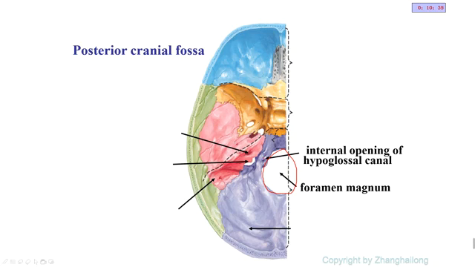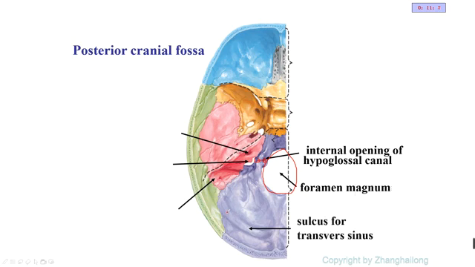And on the medial surface here, there is an internal opening of the hypoglossal canal. The hypoglossal nerve goes out from here. This one is the internal opening. Then there is a canal going outside, connecting with the external opening, then going out of the skull.